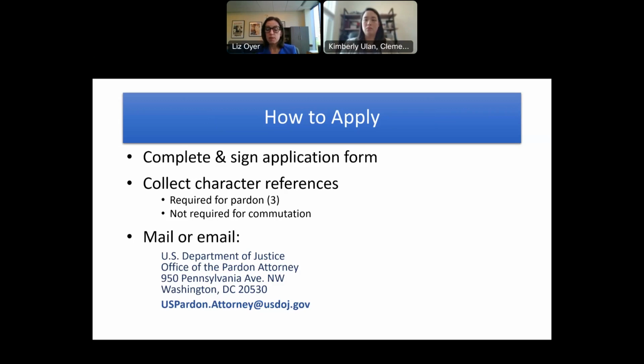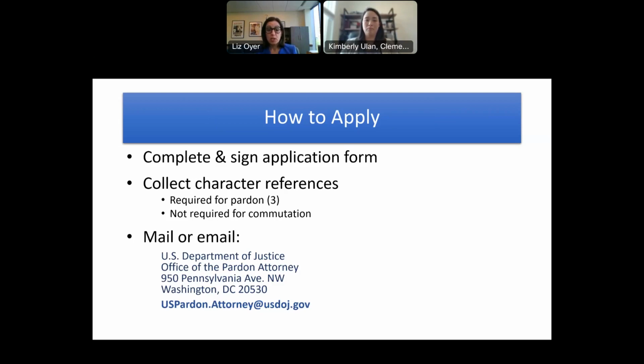In the case of commutations, the application form is available within the Bureau of Prisons. Any case manager or counselor in BOP should be able to provide a copy of the application form. And that form is much shorter and much simpler to fill out than the application for a pardon.